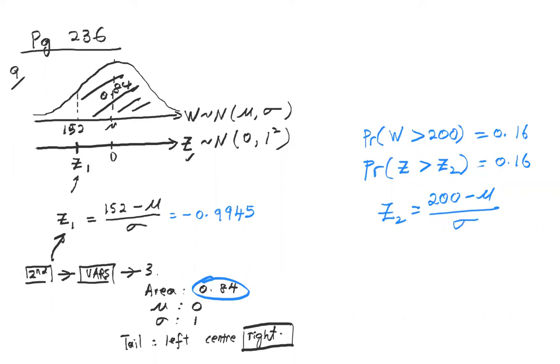Okay, what do you get? 0.994. Fine. All right. For this question, it happened to be one is positive, one is negative because it is symmetrical. So now you know how to use your inverse norm.